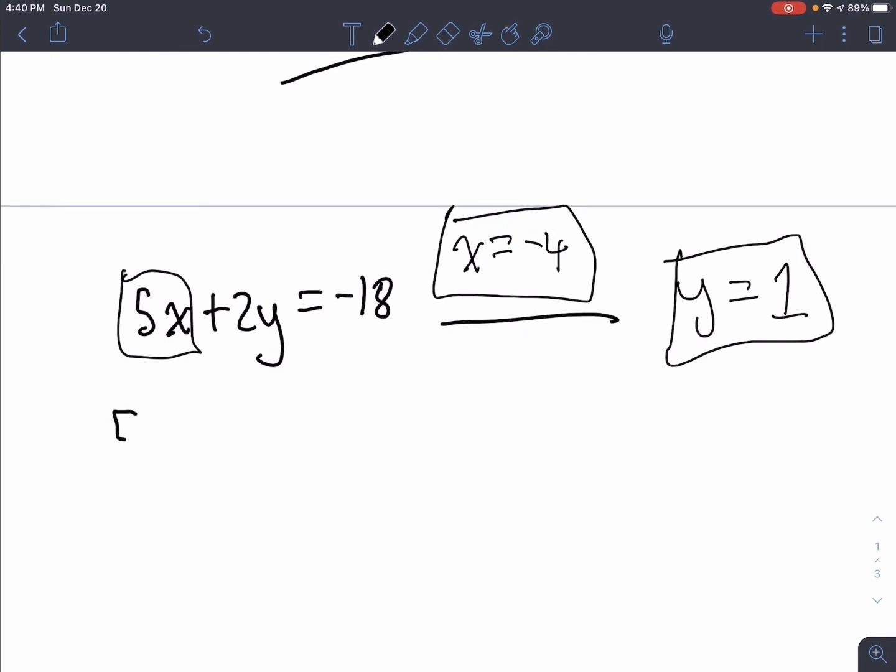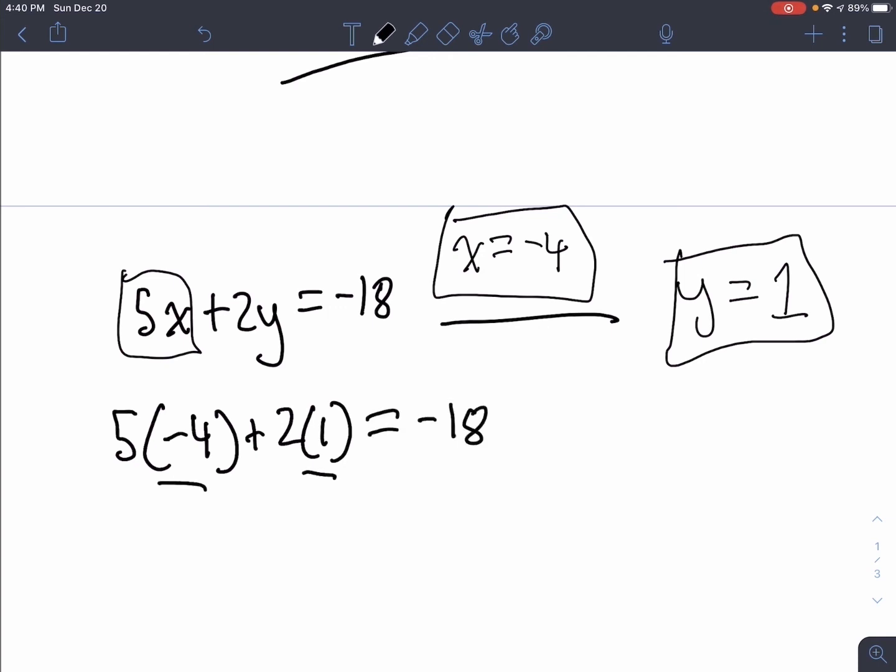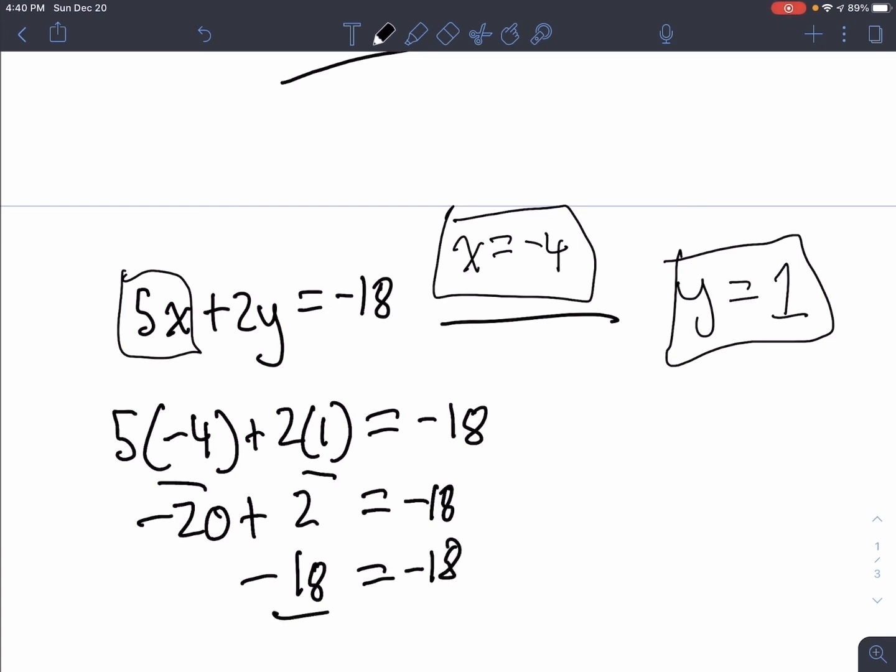So 5 times negative 4 plus 2 times 1 is equal to negative 18. 5 times negative 4 simplifies to negative 20 plus 2 times 1, which is just 2, is equal to negative 18. Negative 20 plus 2 is negative 18. Negative 18 equals negative 18. This is a true statement, so we know that these values for x and y are correct.